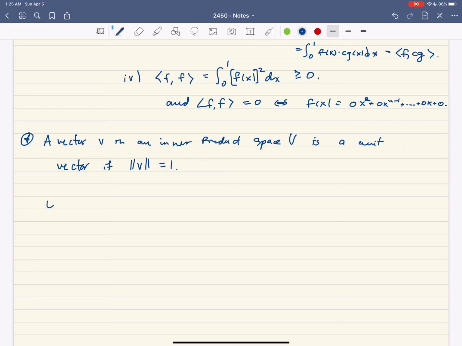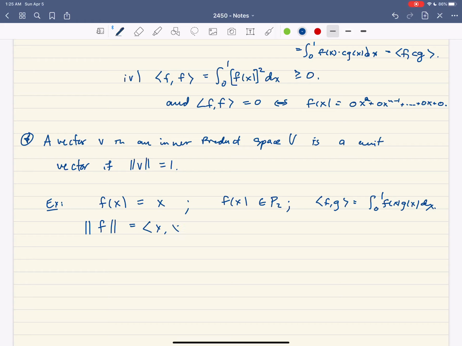So for example, if I were to take f of x equals, just make this really easy, say x, where I'm thinking of f as being in, say, P2, where P2 has the inner product that we described above, the integral from 0 to 1 of f times g. Then the magnitude of f, or the length of f, is going to be the inner product of f with itself, which is going to be the integral of x times x, which is 1/3.